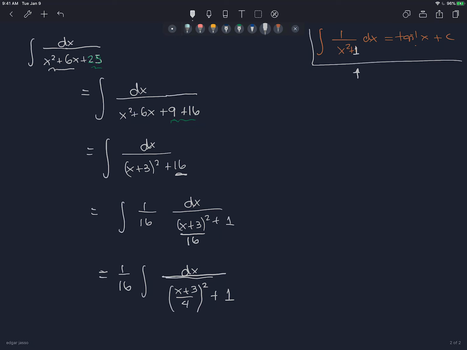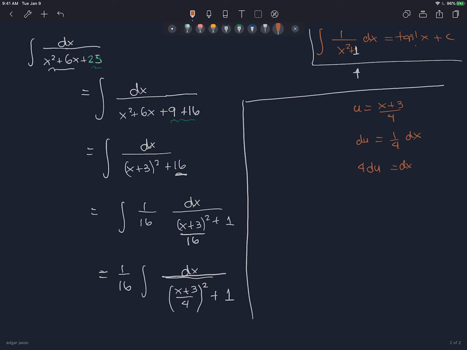So now I have it in the right form, and I can say, okay, great. Now all I have to do is say, what if I make my u to be x plus 3 over 4? Then it's pretty simple. The du becomes 1/4 of dx because the 4 is a constant. So really, my dx is 4 times du. Okay? So when you plug it in over here, I want to do my u substitution back in.